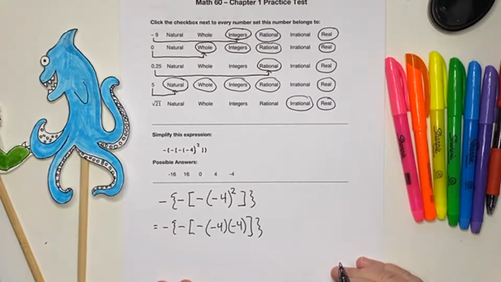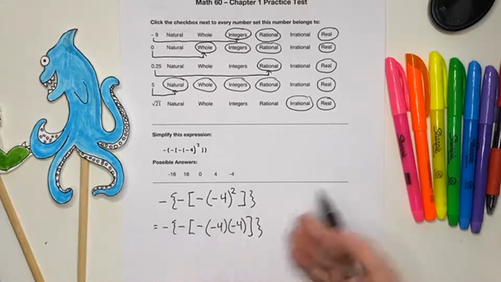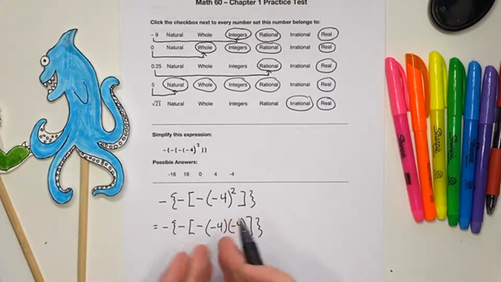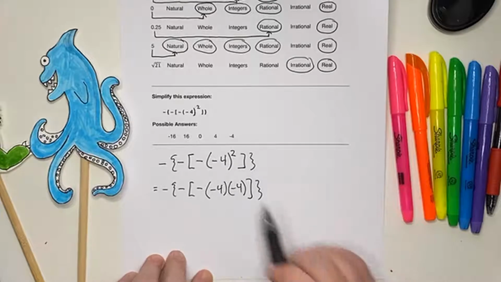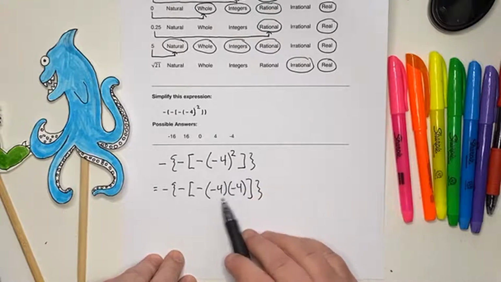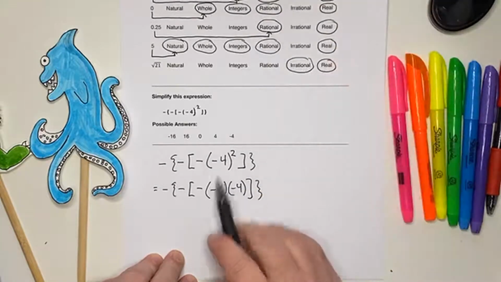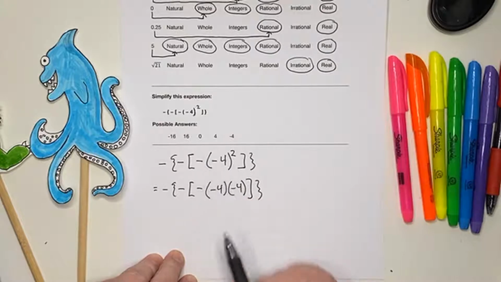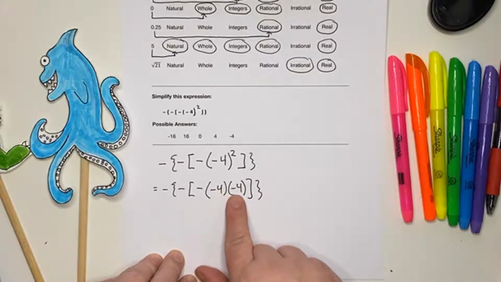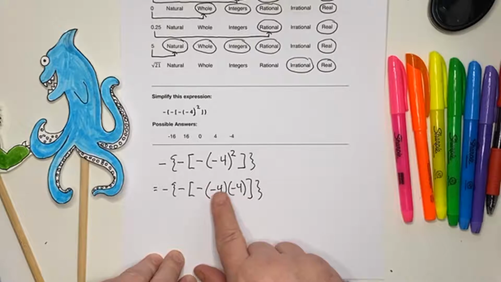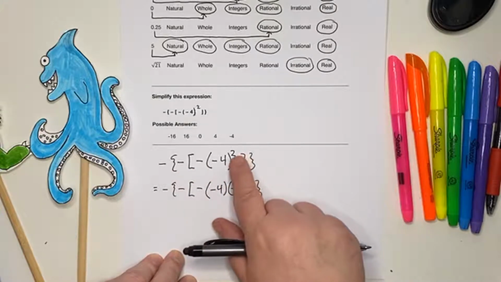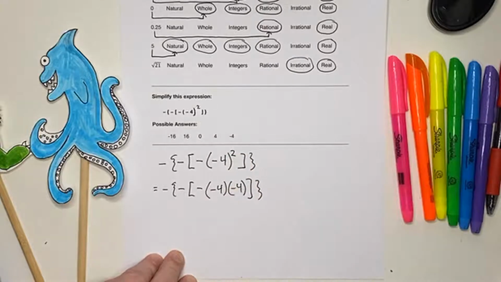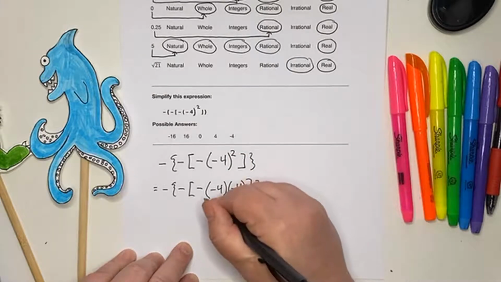Okay, so the first thing I did was I went inside the parentheses, into the inside of the nesting, and then I went ahead and I wrote -4 squared out. Notice that because the minus was inside the parentheses, each one of the 4s has a minus. So we have in fact brought in an extra minus that we didn't see here because it was hidden inside the squared.